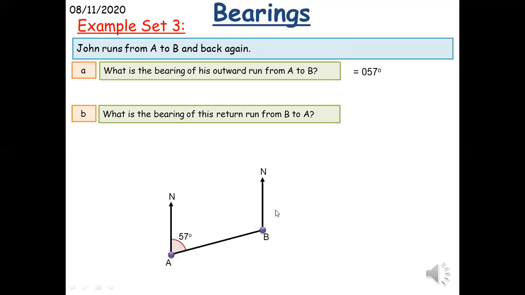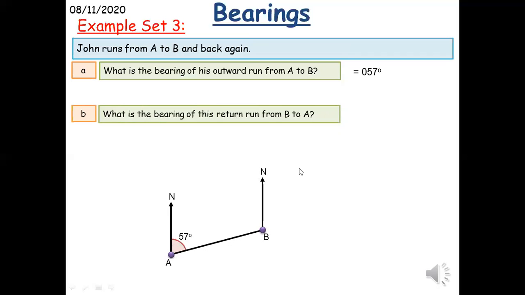From B, I have to stand on B and measure the angle clockwise. There's another easier way to measure it. Since this is north and this is north, they are parallel lines.